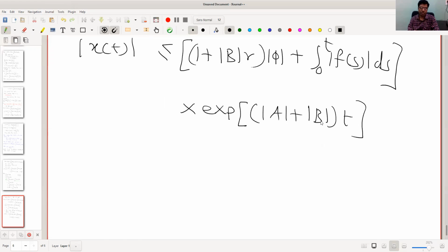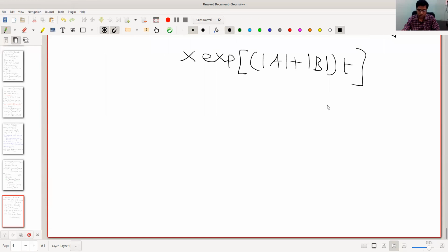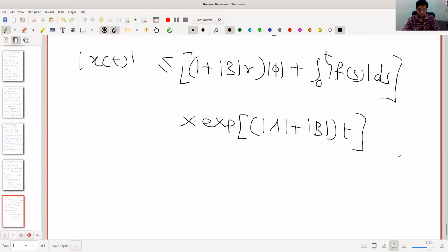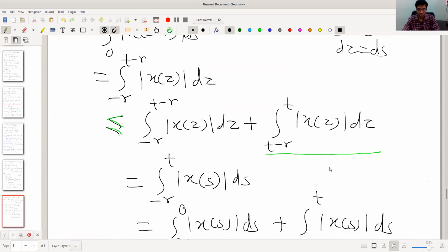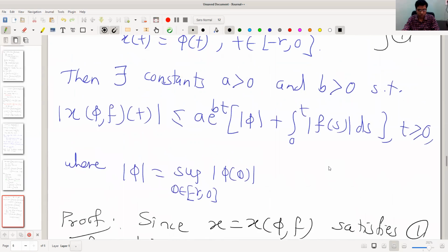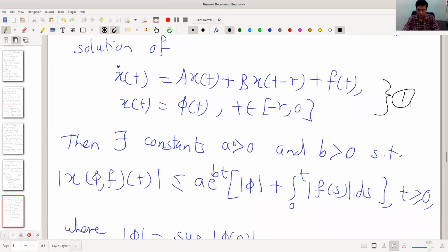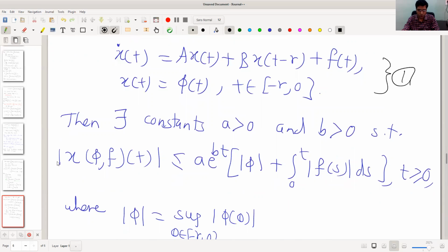Okay, so we proved this result with particular values of a and b. What we wish to prove? There exist constants a and b such that mod of x of t is less than or equal to a e raised to bt into mod phi plus integral 0 to t mod of f of s ds.